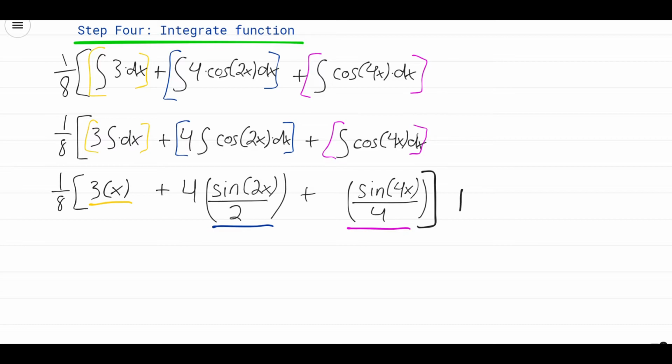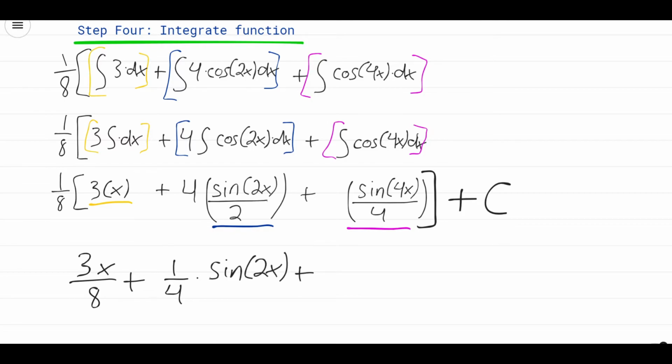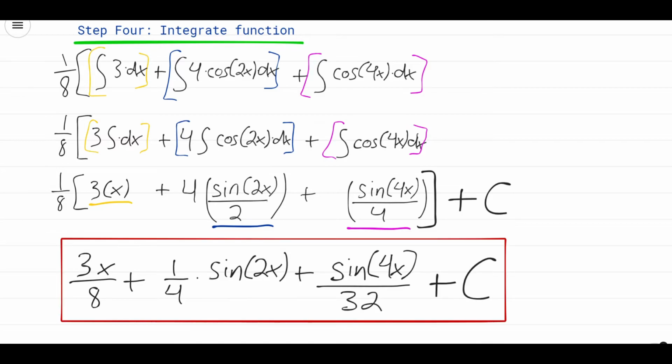So now I'm going to simplify this. Plus c, of course. 3x over 8 plus 4 over 2 is 2. 2 over 8, which is 1 over 4, because now I'm distributing the 1/8 to each term. So I get 1 over 4 sine of 2x plus sine of 4x divided by 32 plus c. And that's how we do this problem.